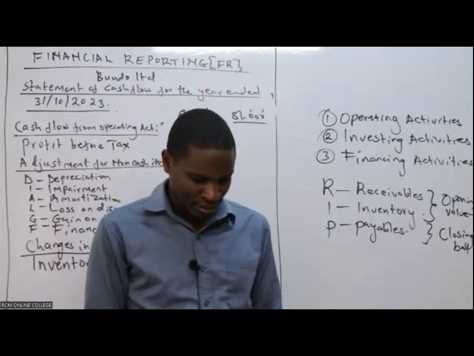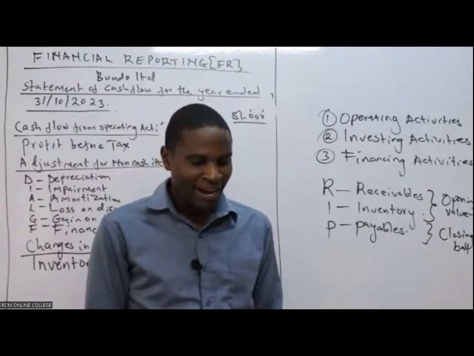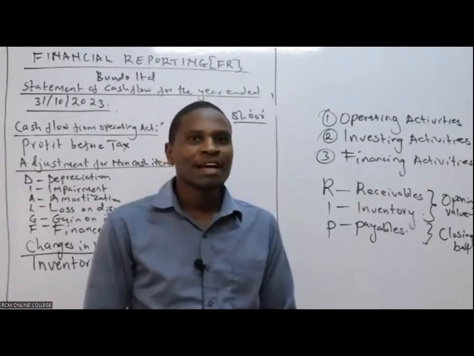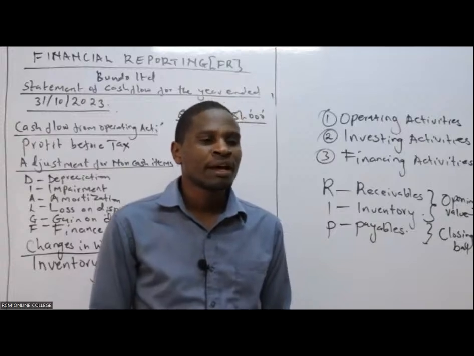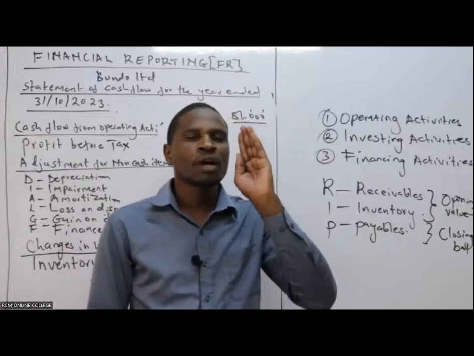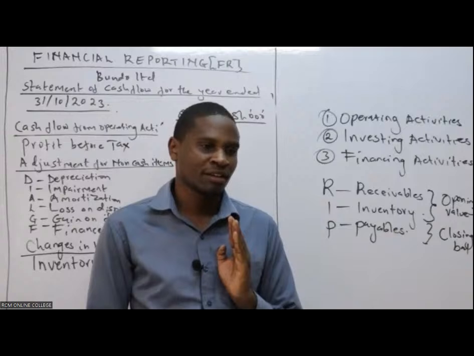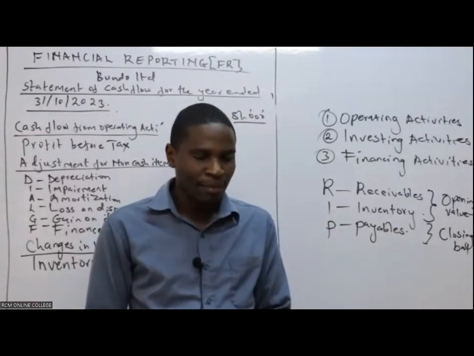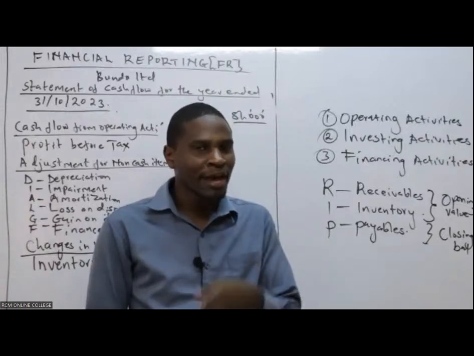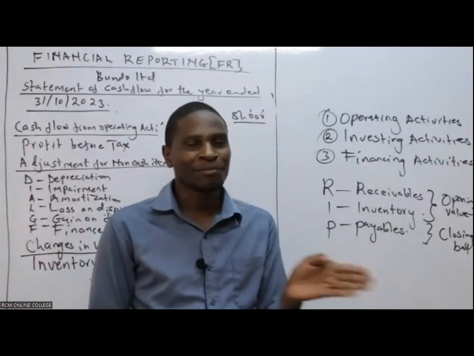Asante. Now, examiner is always wise. He knows that people don't look at the years above there. And people tend to assume that the first column is for the previous year.